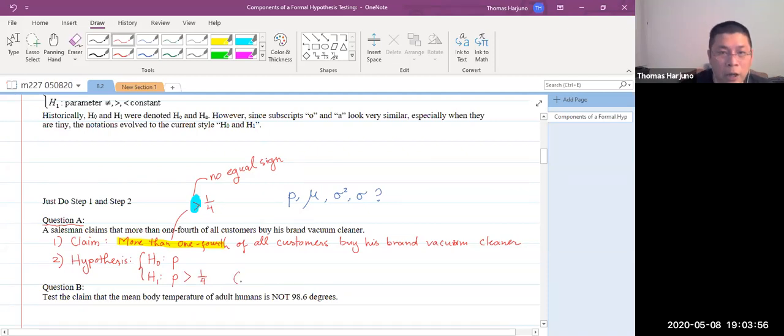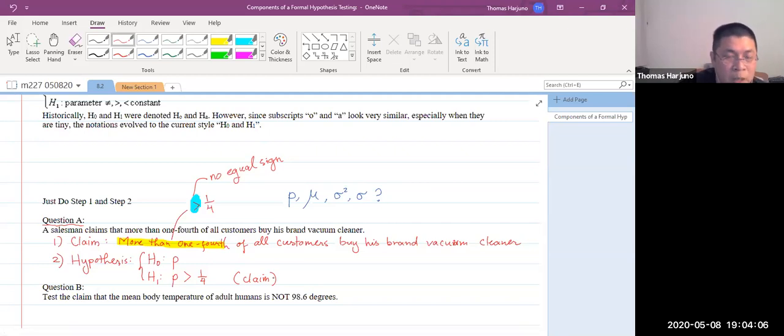Now the claim will be here. Again, I'm not saying that the claim will always go to the alternate hypothesis. No, that's not what I'm saying. I'm saying the claim can go to either one of them depending on whether the statement in the claim includes the equal sign or not. The claim we see here does not include the equal sign, that's why it goes to the alternate hypothesis.